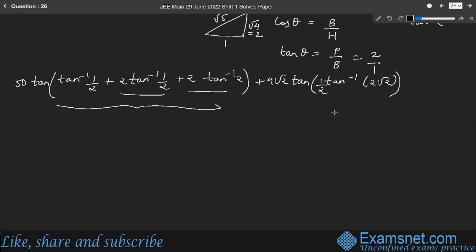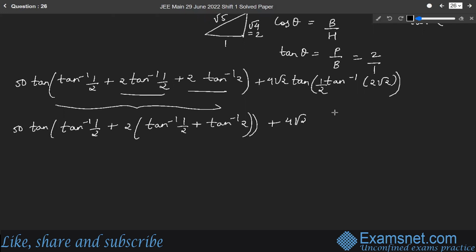So let us take 2 common. It will be 50 tan(tan inverse 1/2 as it is, then we take 2 common from the second and third term. So the remaining terms are tan inverse 1/2 + tan inverse 2). And the remaining term is 4√2 tan(1/2 tan inverse 2√2).